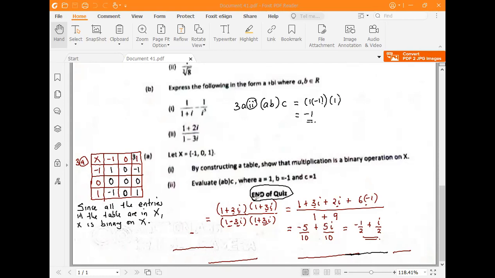So 1 over the cube root of 8. The cube root is the number you can multiply thrice to get 8. So we have 1 over 2 by 2 by 2, meaning that it will be 1 over 2.